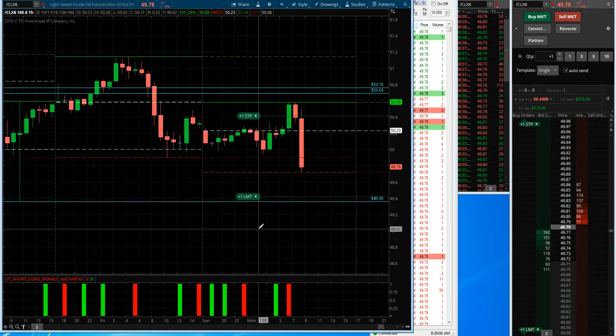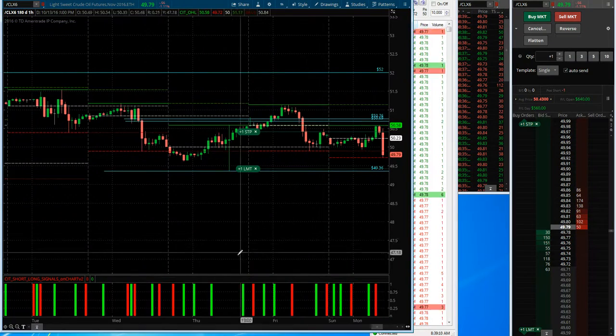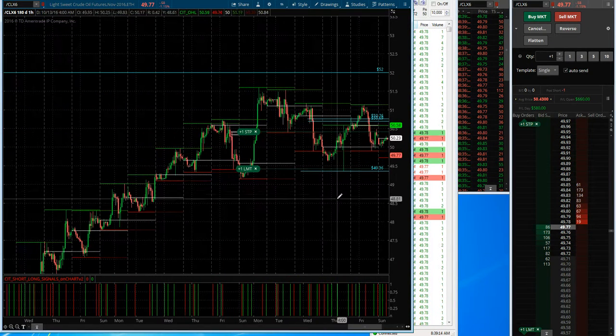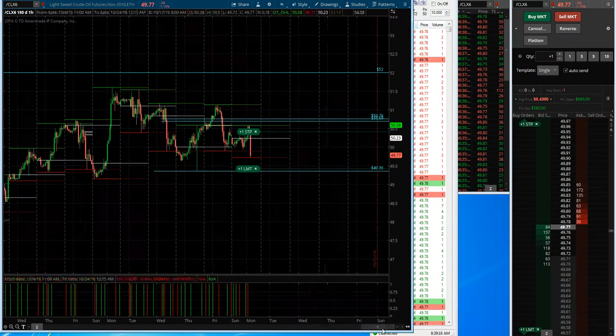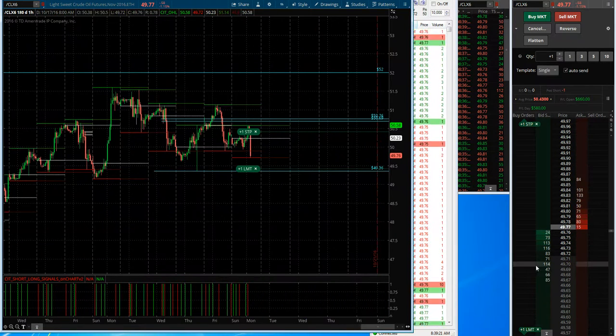And maybe I should add something to my rule. If it goes beyond one point, I have to take something. If it goes near to my target, then I'll lock in 1 to 1.